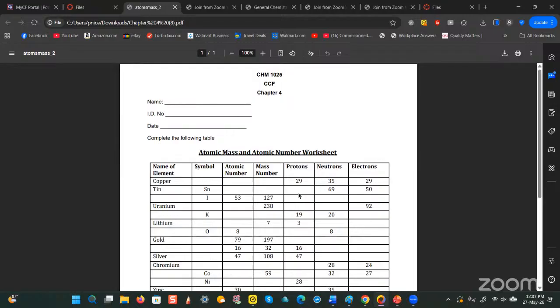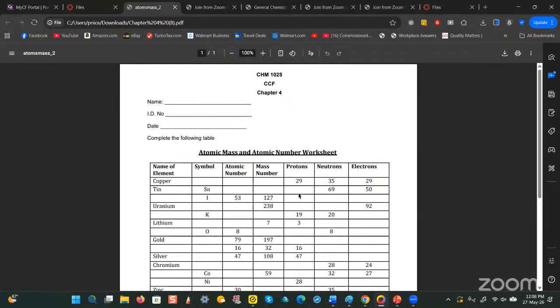The atomic mass is the higher number of the two for each element in the periodic table. Most legitimate periodic tables contain two numbers for each element. The lower one is the atomic number, which I just defined. The higher one is the atomic mass, but that is not the same as the mass number. The mass number, by definition, is the number of protons and neutrons present in an atom.